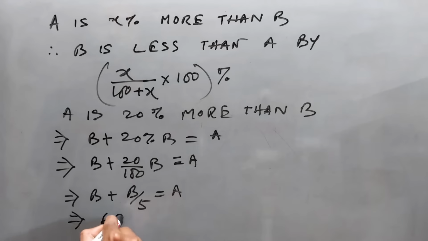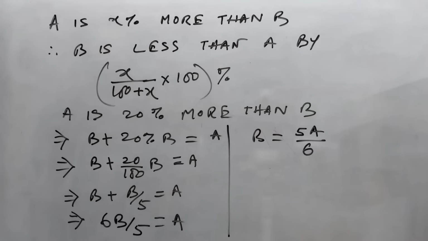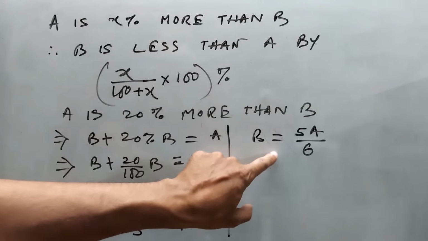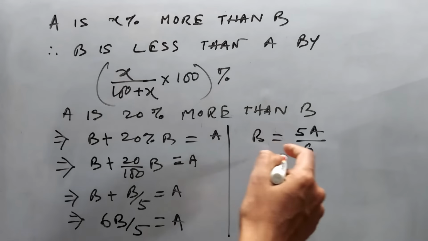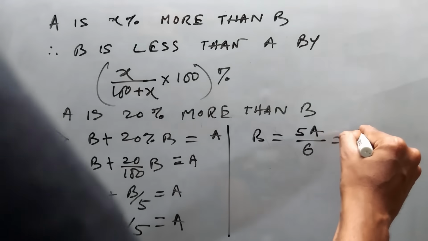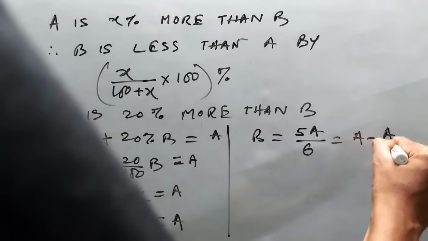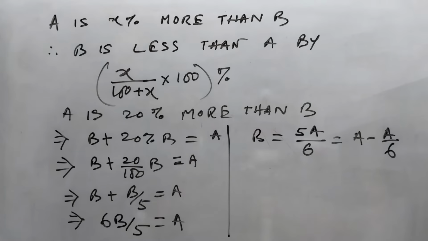6b by 5 is equal to a. That means b is equal to 5a by 6. Clear, right? From this we can get it easily. Now my friend, this b is equal to a minus a by 6. 5a by 6 means a minus a by 6, right?